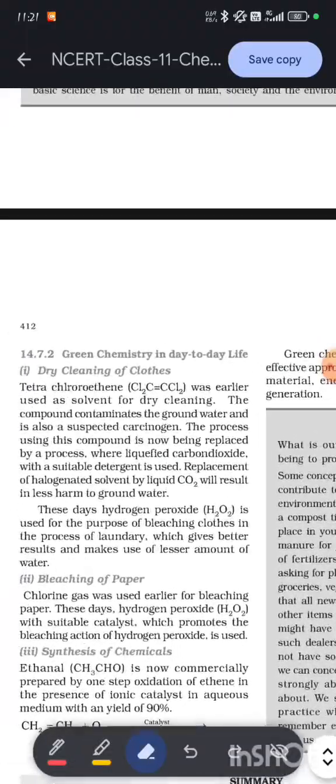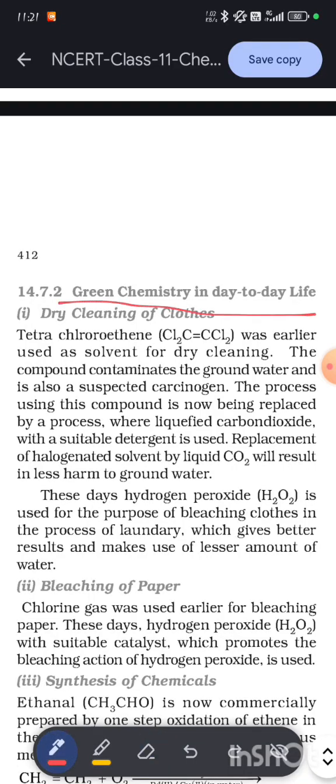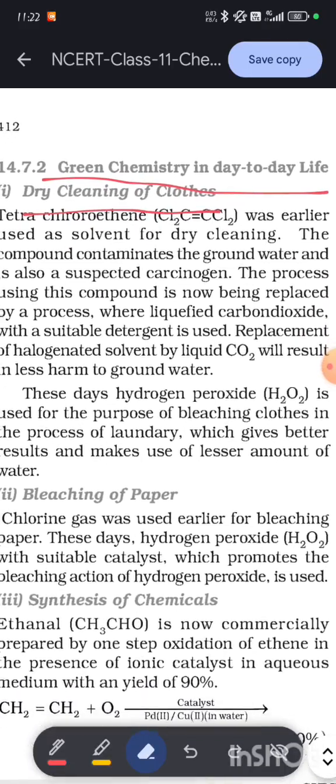Then the next topic is green chemistry in day-to-day life, and the part of it is dry cleaning of clothes. Tetrachloroethane was earlier used as a solvent for dry cleaning. The compound contaminates the groundwater and is also a suspected carcinogen.